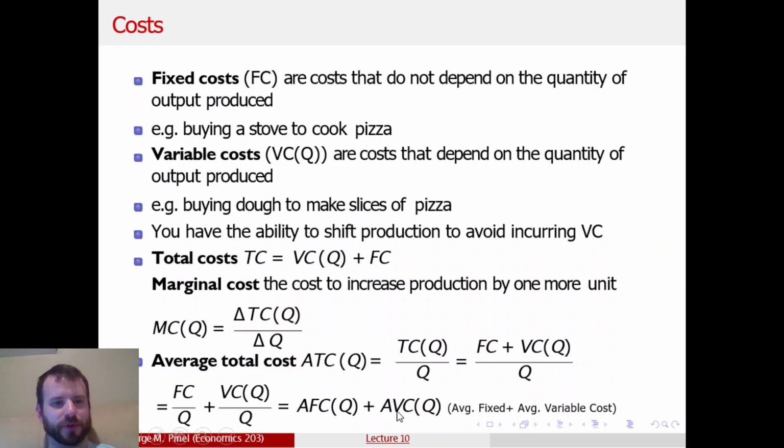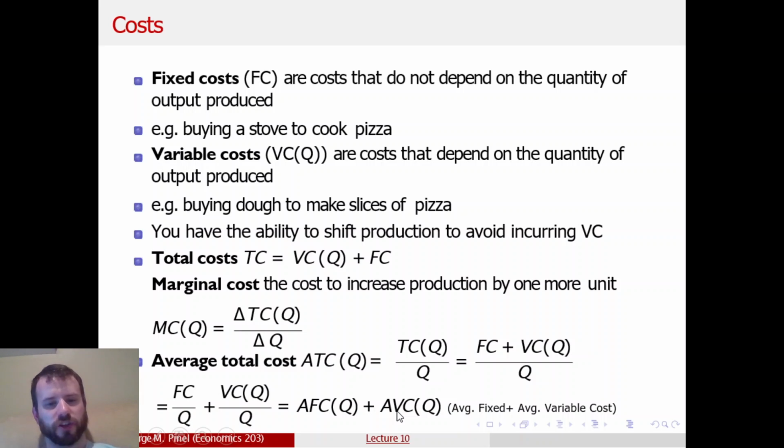So to recap, you have fixed costs which don't depend on quantity. You have variable costs which do depend on quantity. You have total costs which depend on quantity because total cost is the sum of your variable costs, which depend on quantity, and your fixed costs, which do not. You have marginal cost, which is the change in total cost divided by your change in quantity.